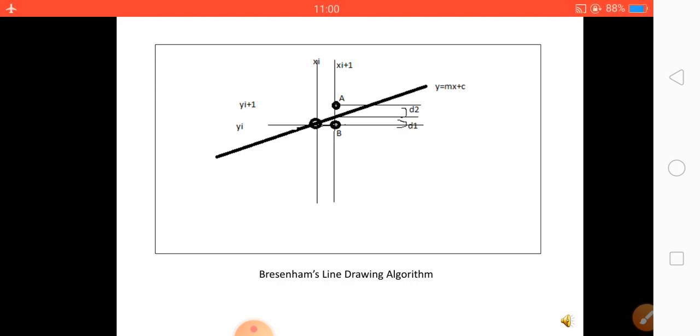If D1 is less than D2, then select pixel B. If D2 is less than D1, then select pixel A. And for each pixel, unless we reach the end point of the given line, we need to calculate which pixel is to be selected, means we need to calculate the next y value. We know that x value gets incremented by 1. Okay.